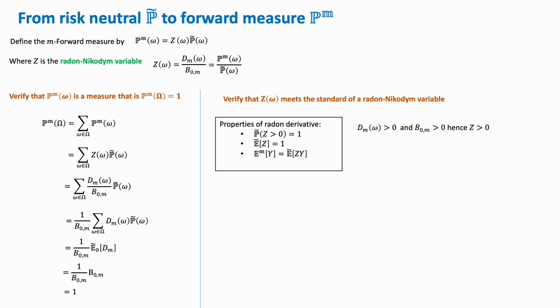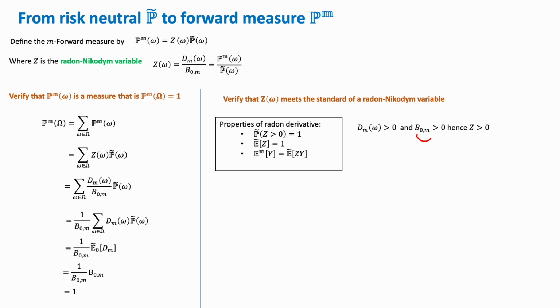Now let's look at how we can show the next one. First we want to show that Z will be positive no matter what. Well, the discounting factor is actually positive, right? We're discounting from one time in the future to today. That discounting element is positive. And also the value of the zero coupon bond is positive, right?